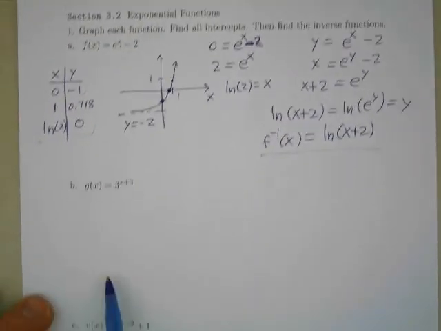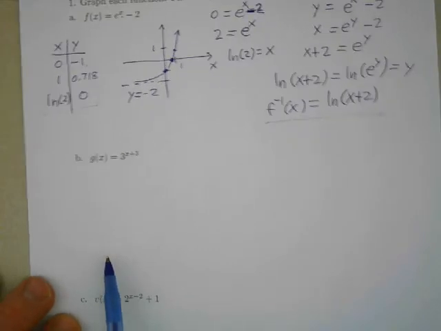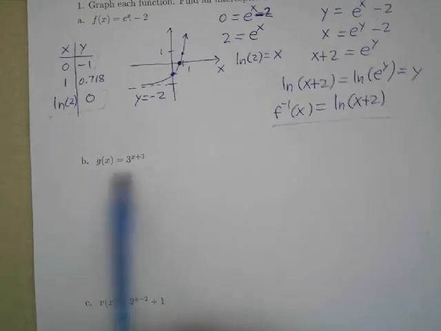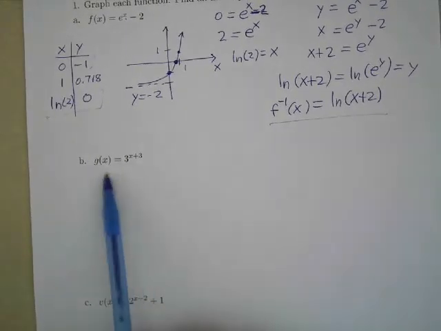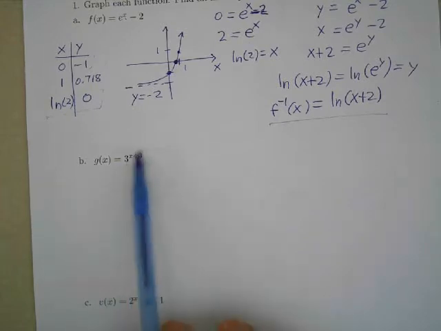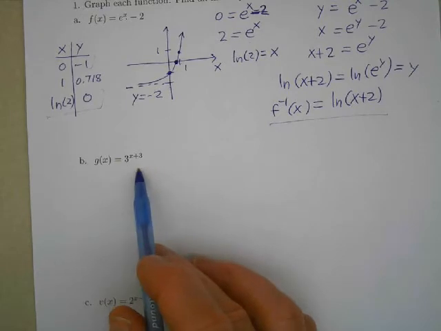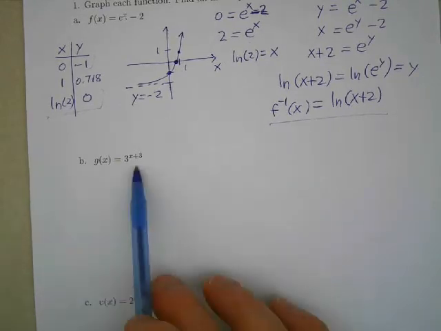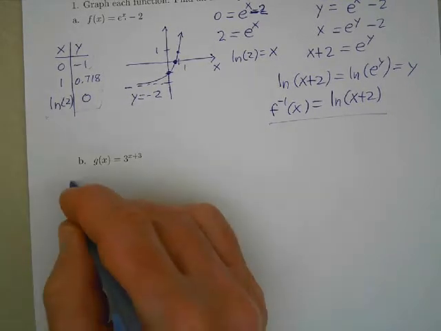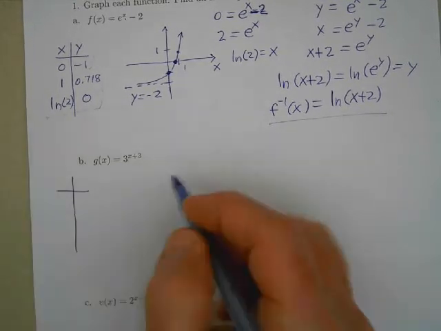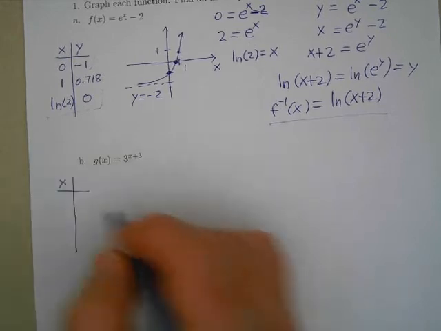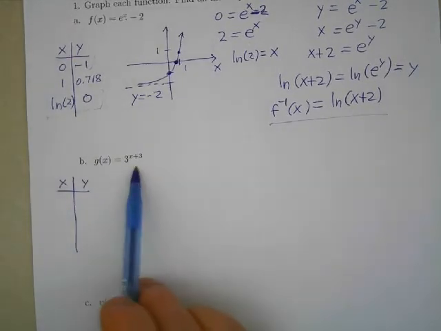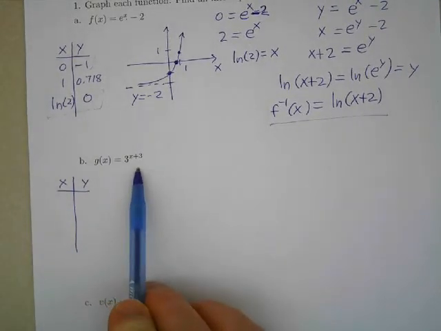In part B, we're going to do the same thing, sketch a graph of this function. This is g of x equals 3 to the x plus 3. The exponent is x plus 3. So the horizontal asymptote is just y equals 0, or the x-axis this time. So we can pick some x values, and this is a formula for finding the corresponding y values.